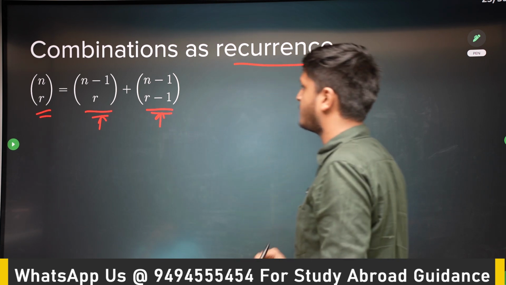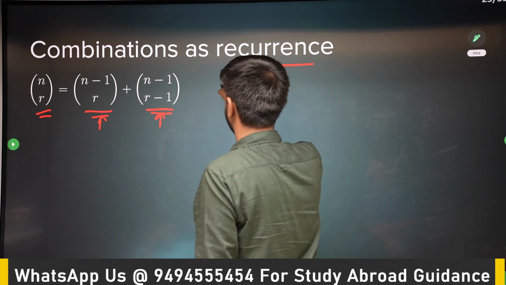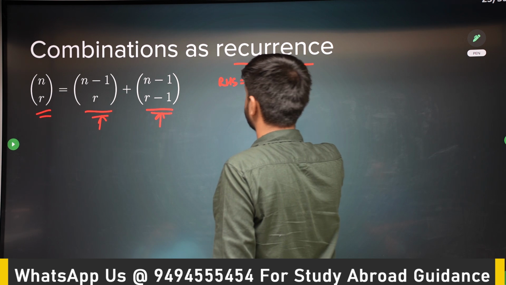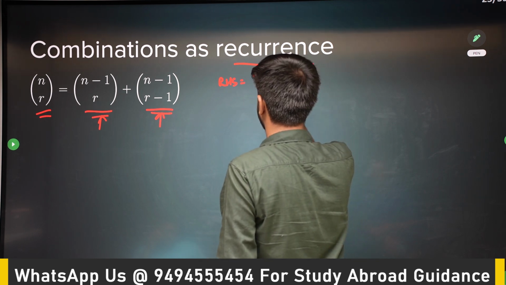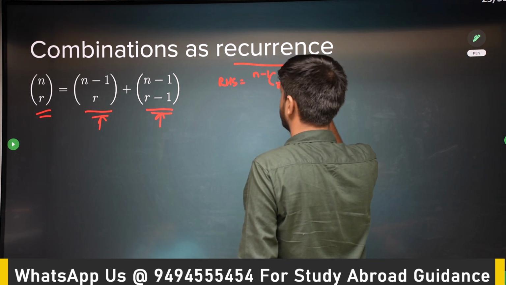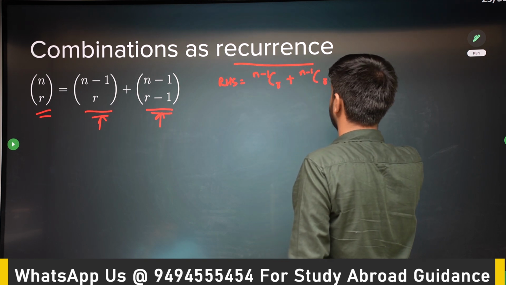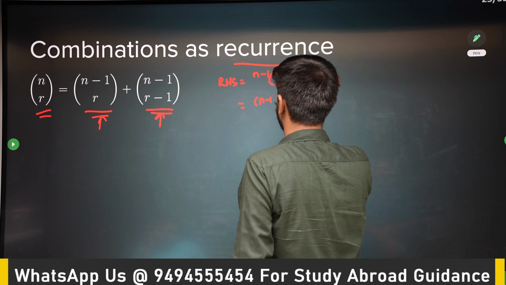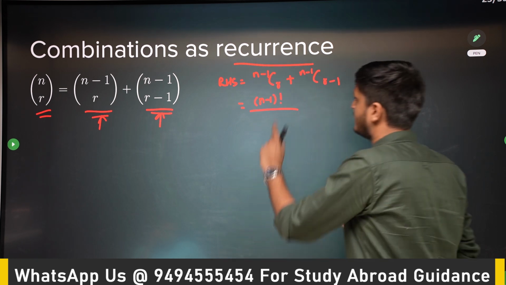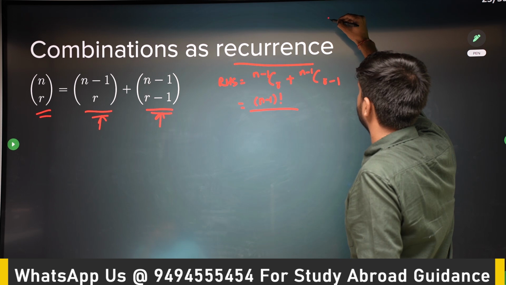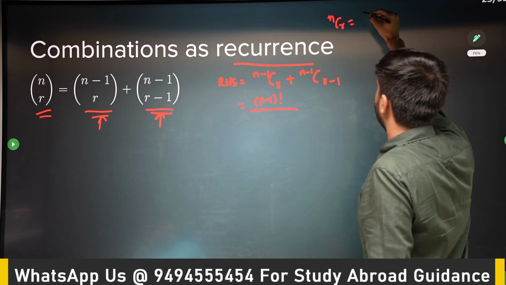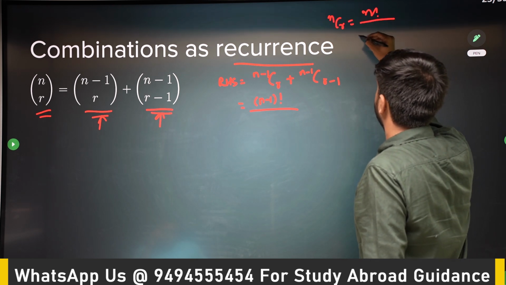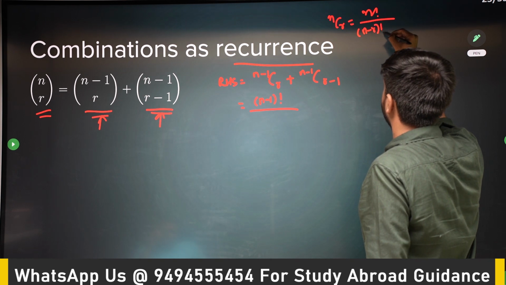So let's just expand the RHS. RHS is n minus 1 C r plus n minus 1 C r minus 1. Just remember, the nCr formula was n factorial upon r factorial times n minus r factorial.